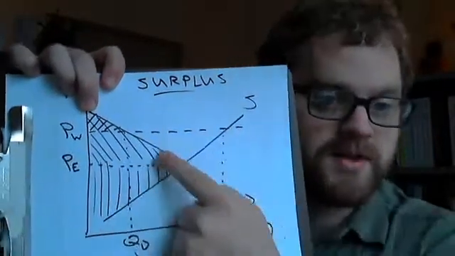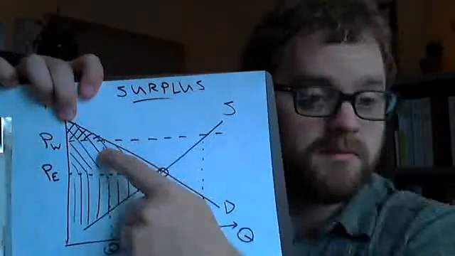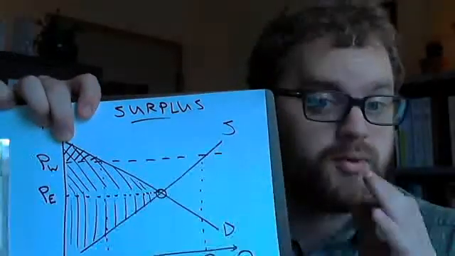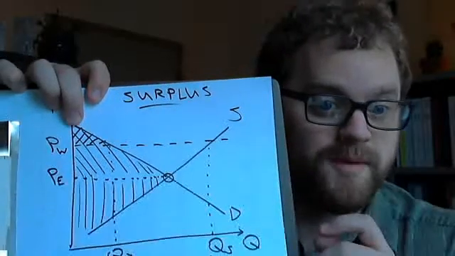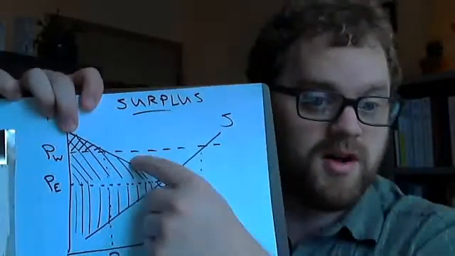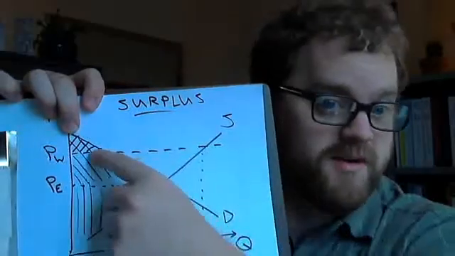So what happens to all this consumer surplus? We said that producer surplus was the area below the price and above the supply curve. That now includes all this consumer surplus because the price is up here now. Anything under the price and above the supply curve is producer surplus.